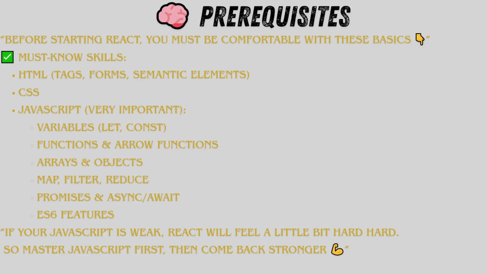Third is JavaScript, very important because React.js is a framework of JavaScript. So you will apply the concepts of JavaScript in your React.js. That's why you should have an idea about JavaScript. In JavaScript: variables, functions and arrow functions, arrays and objects, map, filter, reduce functions, promises and async and await, and ES6 features.